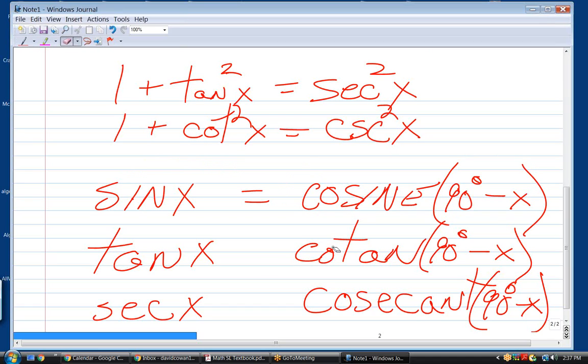They are not nearly as important as the reciprocal identities, the Pythagorean identities, or the quotient identities. There are 11 identities that are absolutely imperative that you memorize and have quickly at your memory.